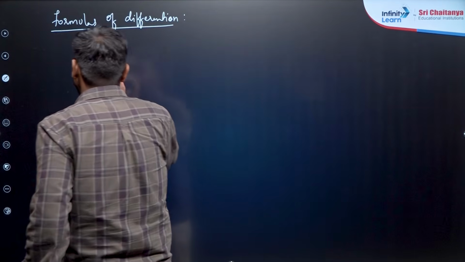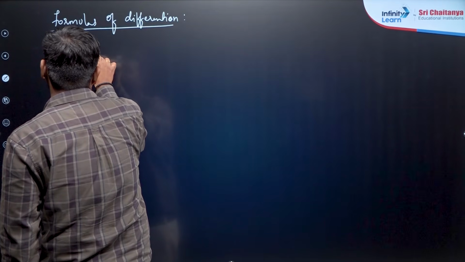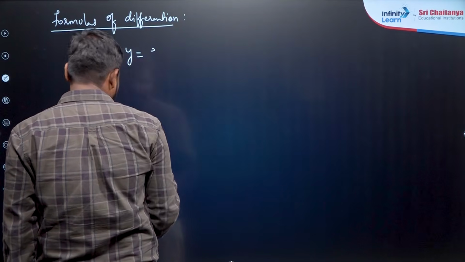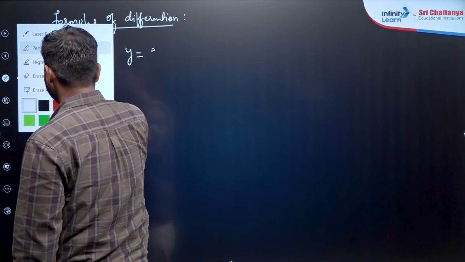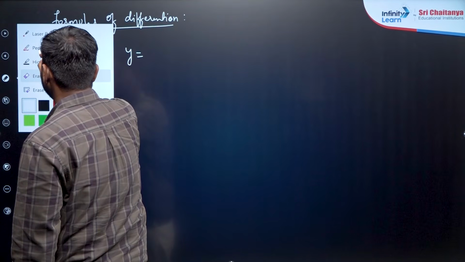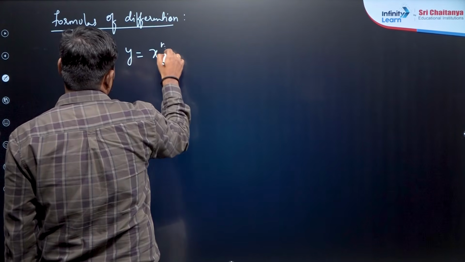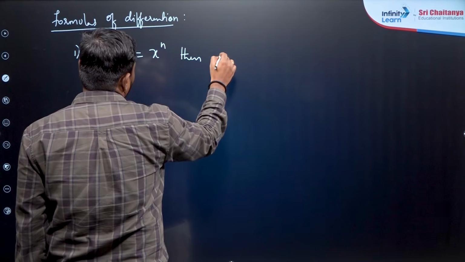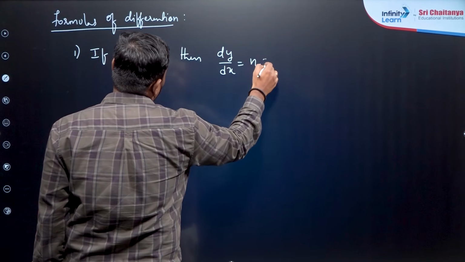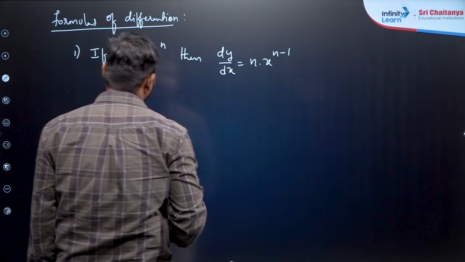So let us directly learn the formula, sir. If y is equal to x power n, then dy by dx is equal to n into x power n minus 1.